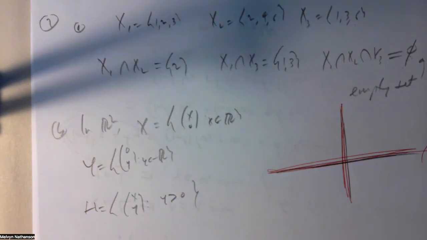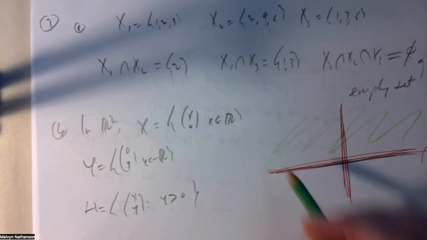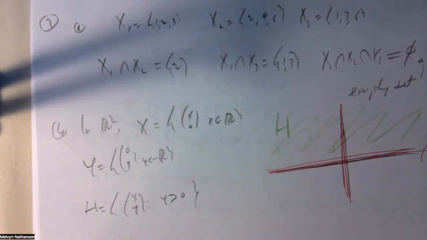If y is positive, that means it's everything strictly above the x-axis. It's sometimes called the upper half plane. It does not include the x-axis.